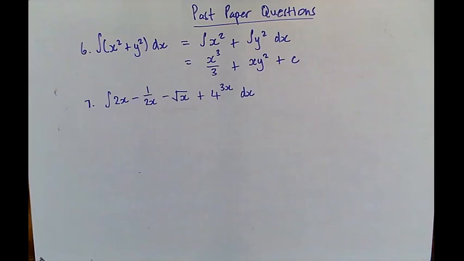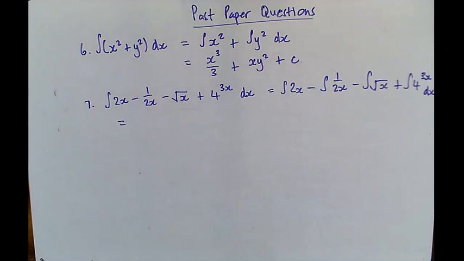Number 7, the integral applied to each one of those terms. The integral of 2x will give me 2x to the 3 over 3. And then for the next one, we'll have a half ln x. So do notice we have 1 over 2 in front, which is a half ln x. The next one is minus x to the half.